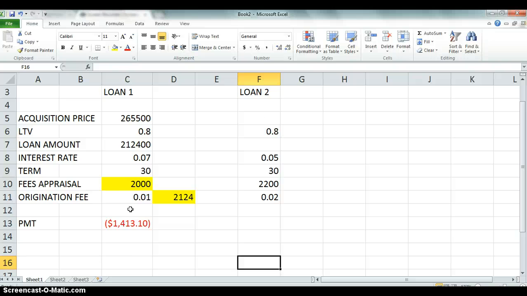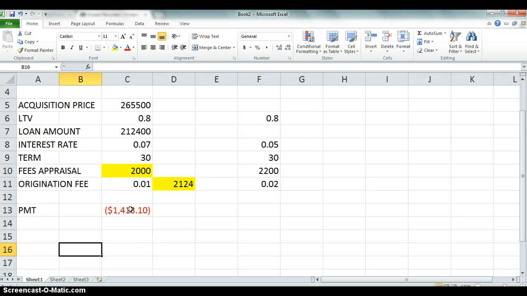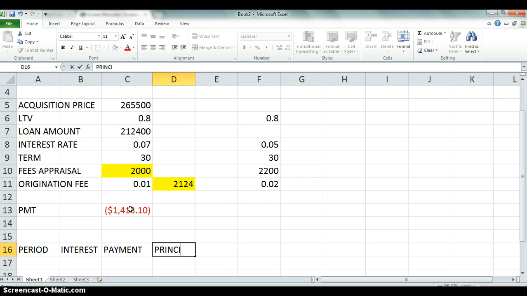Now, in order to see the different cash flows that we will have during the life of these two loans, we're going to build an amortization table. So we're going to need period, interest, payment, principal, just to see how much of the money is going to principal until the end of the loan.